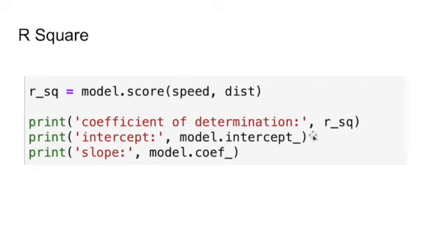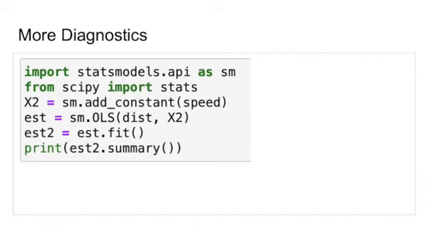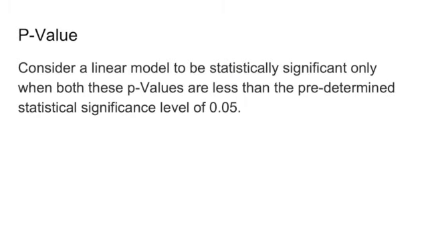So we check the R-squared value over here, and there's more diagnostics. You can apply the code like that, and we will consider the linear model to be statistically significant only when both these p-values are less than the predetermined statistical significance level of 0.05.